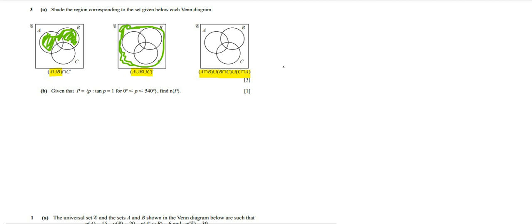Okay. This one looks a little tricky at first, but just bear with me. It shouldn't be too hard. So let's start with, once again, the union. It means everything, so shade in everything. So A intersecting B. Let's start by shading that in. I'm not going to include this bit over here since that includes the C, and we're not really sure if the C comes in yet or not.